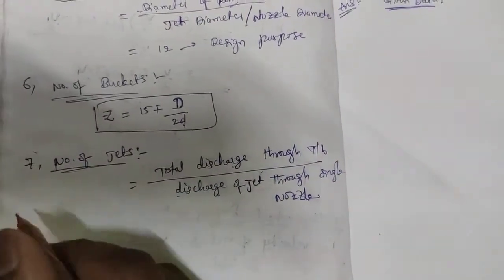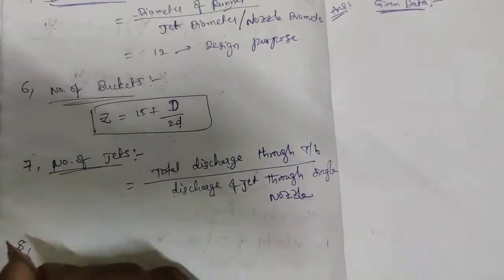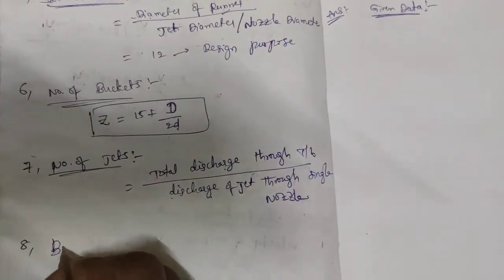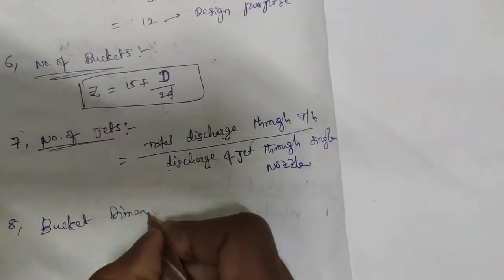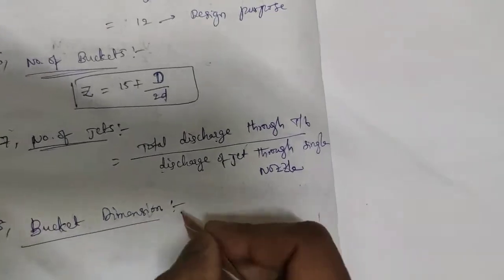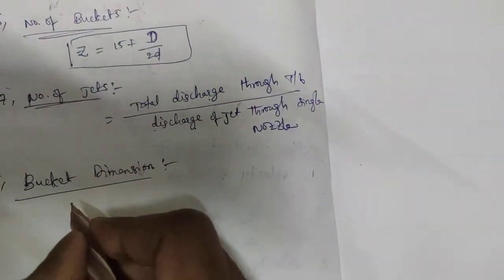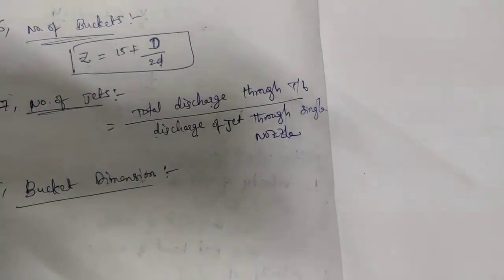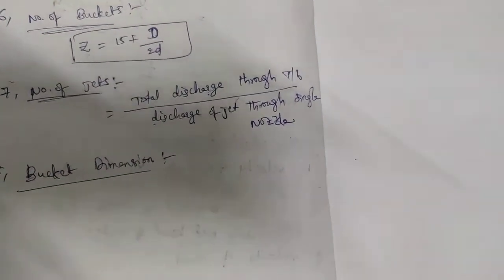And next thing, design of bucket dimensions. That means we need to calculate length, breadth and thickness of bucket, in terms of multiples of diameter of jet.